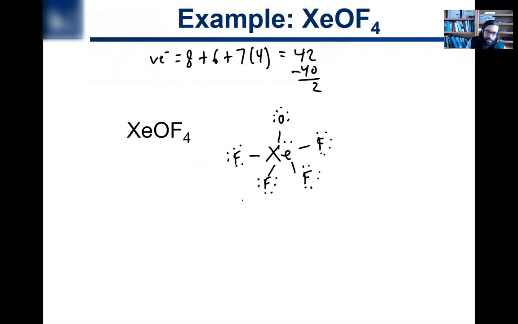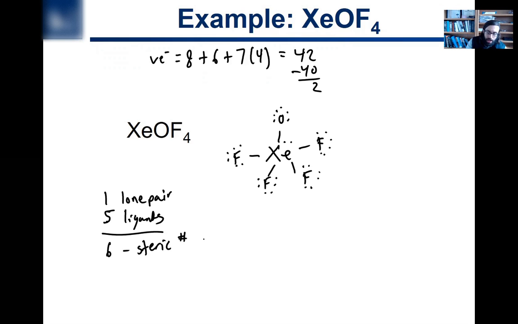Well, this is telling us that we have one lone pair around the central atom. We're trying to figure out the VSEPR geometry here, and we have five ligands, so our steric number is going to be 6.